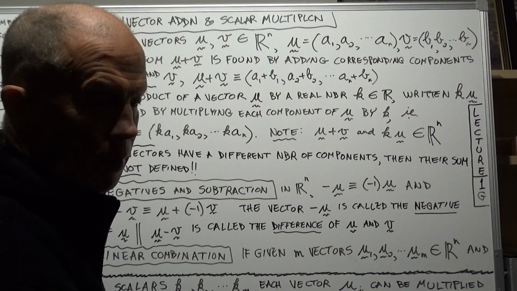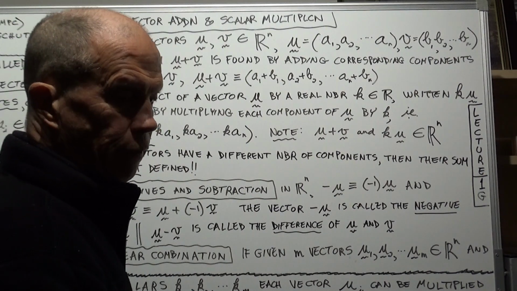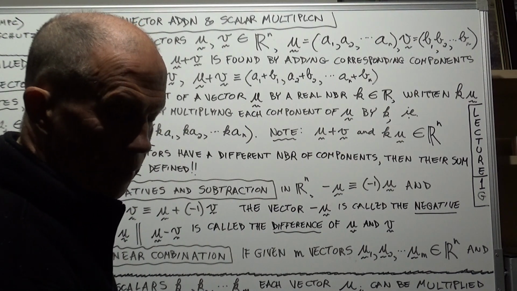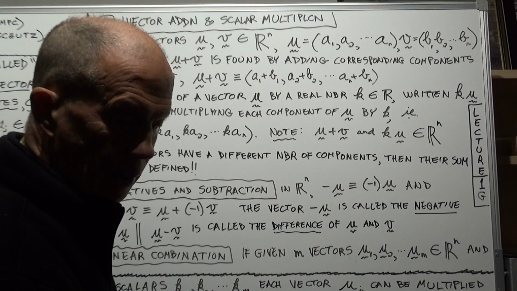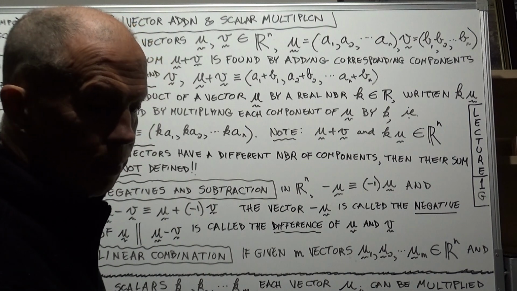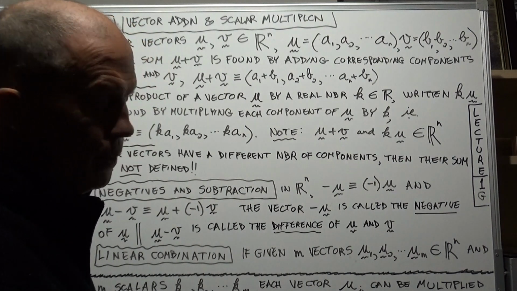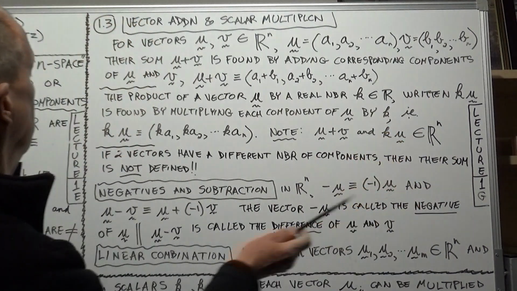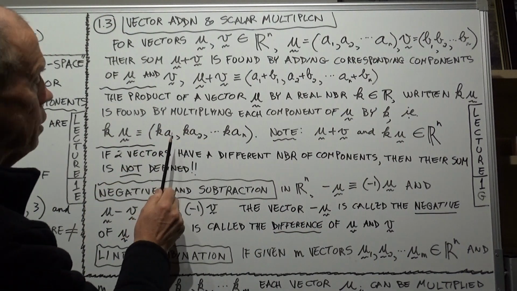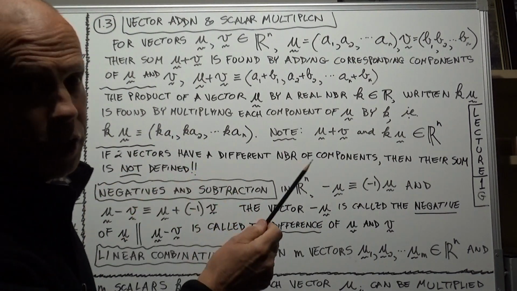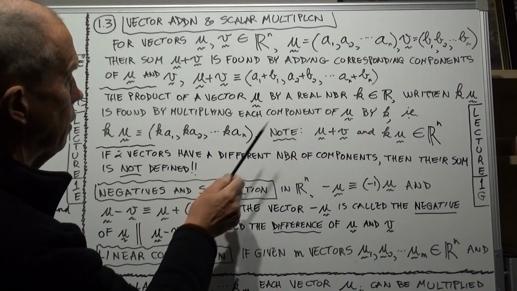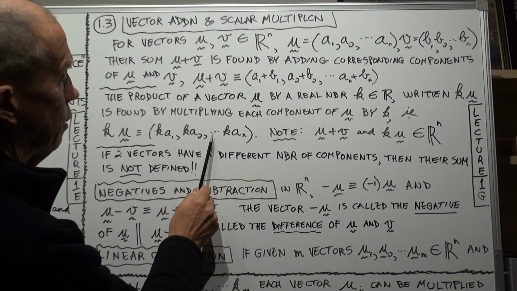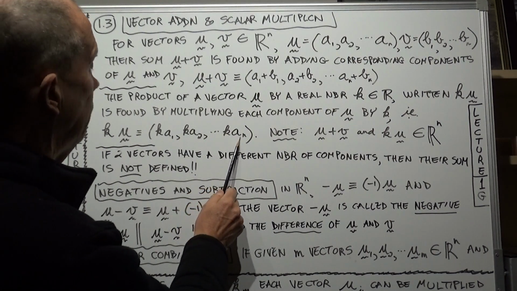Remember, the mathematician's definition of a vector is that they're mathematical quantities that are addable and you can multiply them by numbers k. So for ku, you just multiply each component, a1 by k and a2 by k and so on, for all of the components, k a1 through k an.